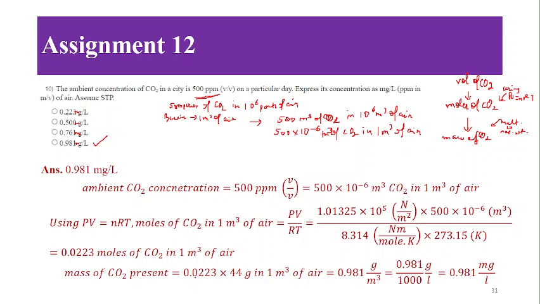So 0.0223 into 44 gram per mole in 1 meter cube of air gives us 0.981 gram per meter cube. So this is in gram per meter cube. Now you need to divide by 1000 to get gram per liter, and convert this gram into milligram. You basically get 0.981 milligram per liter, which is the fourth option, the correct answer.